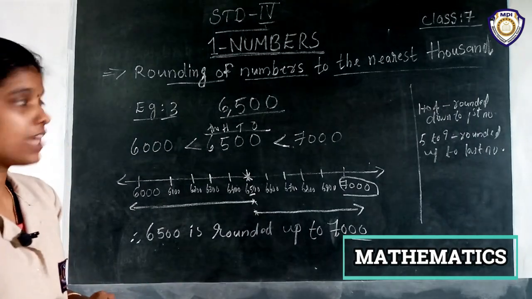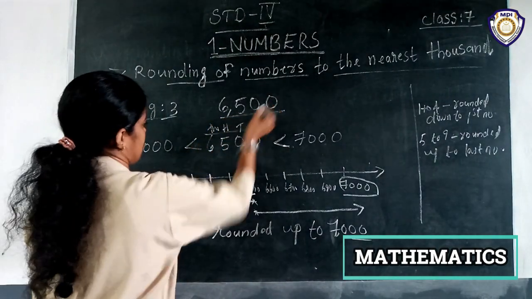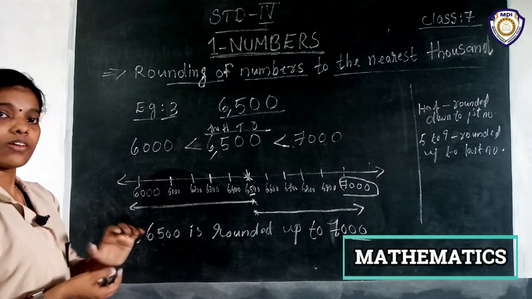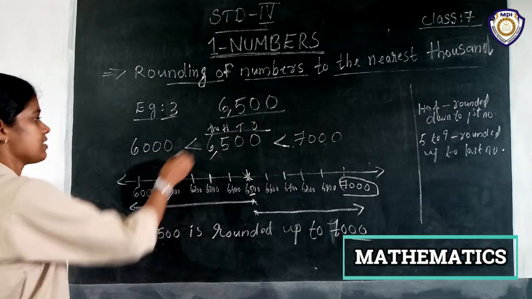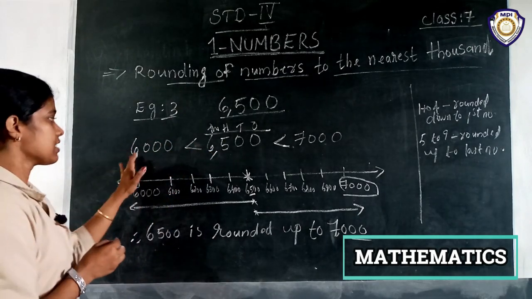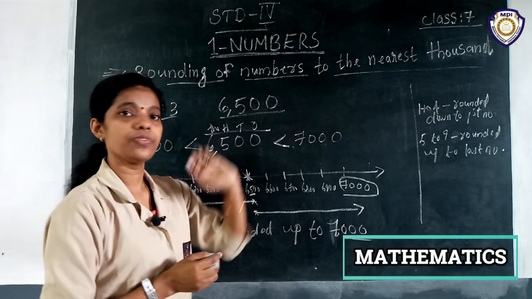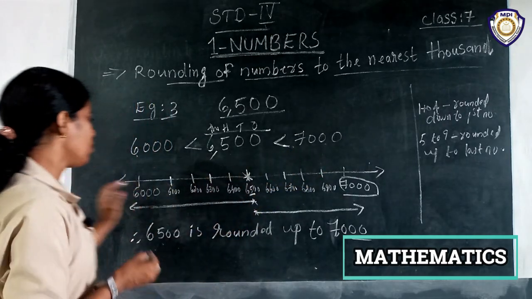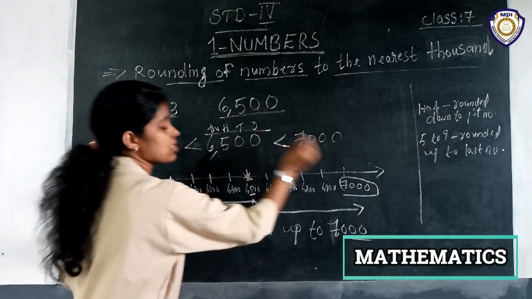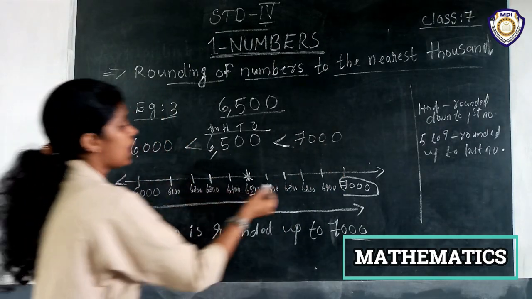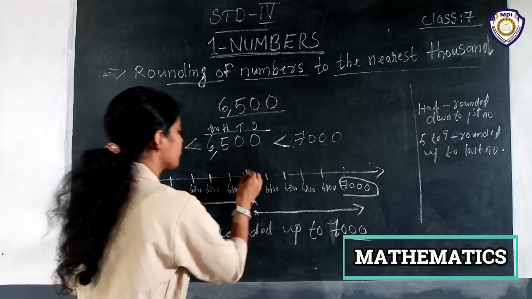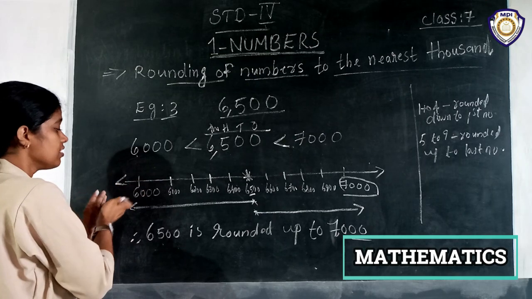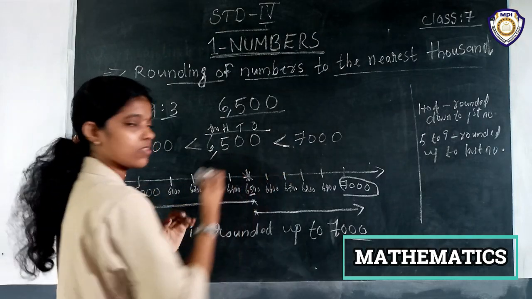I will explain one more time. 6,500. 6 is in the thousands place. 6 into 1,000 is 6,000, and 6,000 plus 1,000 is 7,000. Then we draw the number line from 6,000 to 7,000. Our number is 6,500, the same distance from 6,000 and 7,000.